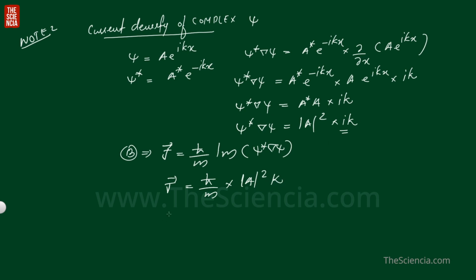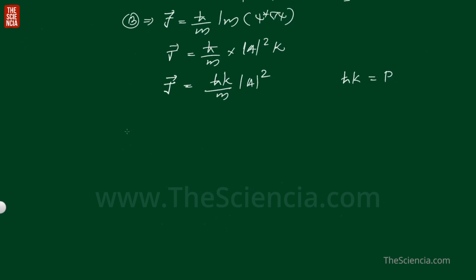That is, I can rewrite this expression as J is equal to h cut k by m mod psi square. I think you are familiar with this h cut k value, that is momentum p.